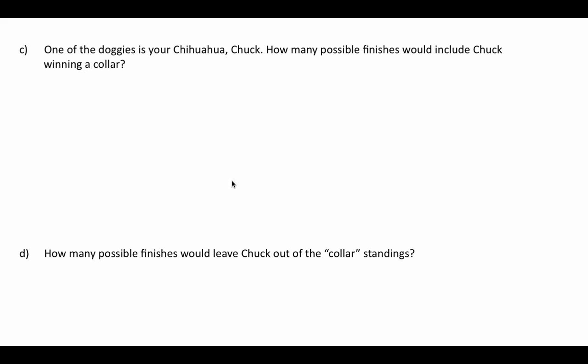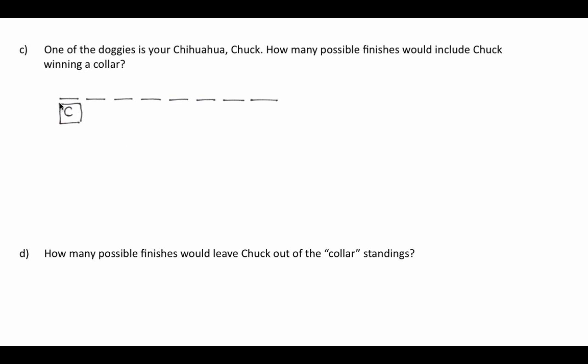Well, to do this, we need to be very selective, because winning a collar implies that he could win the gold collar or the silver collar or the bronze collar. What this is implying is we're looking at mutually exclusive cases.